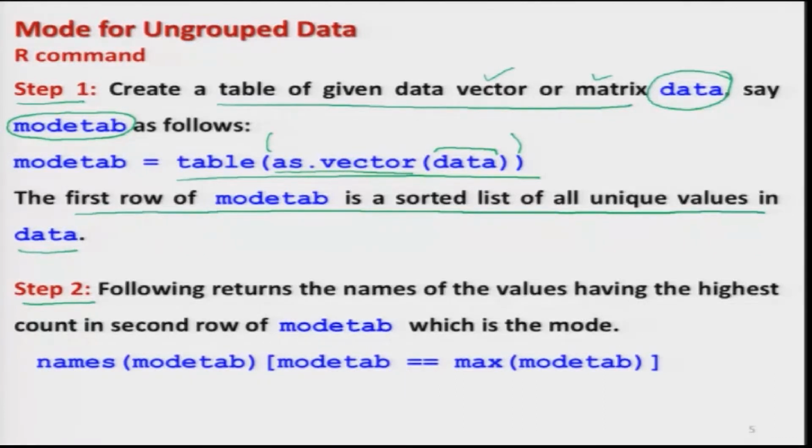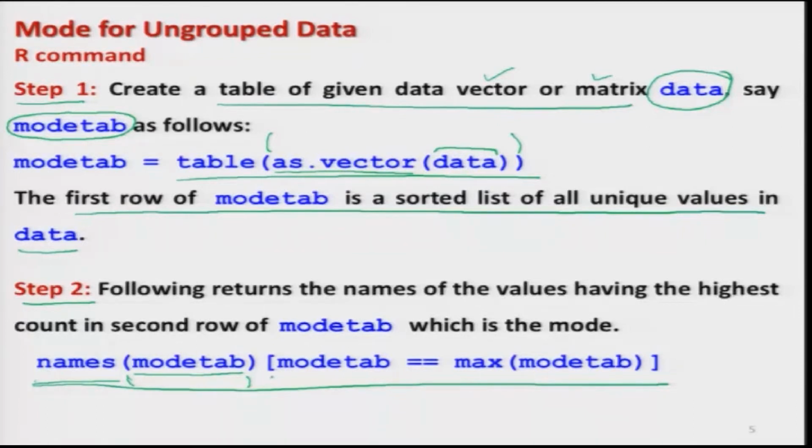Now after this you have to operate one more command. This command I am writing here is names. Then inside the arguments you have to write the data that you have obtained in the first step. This data is called modetab.